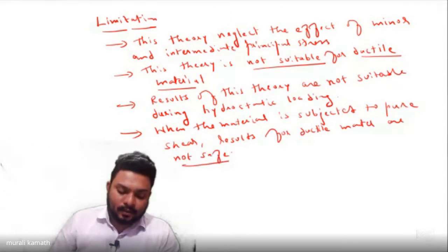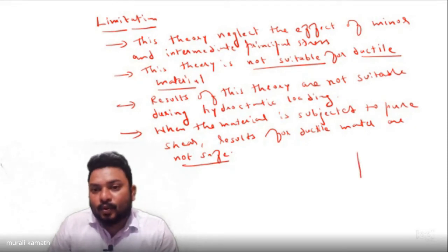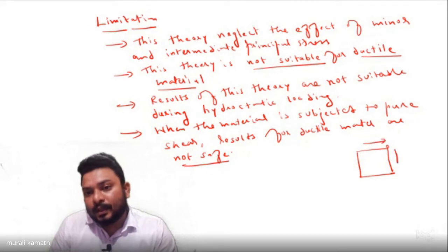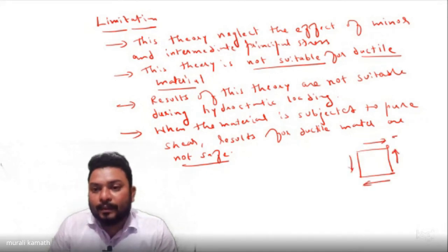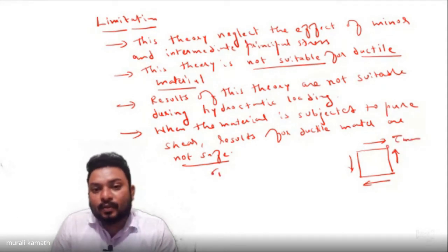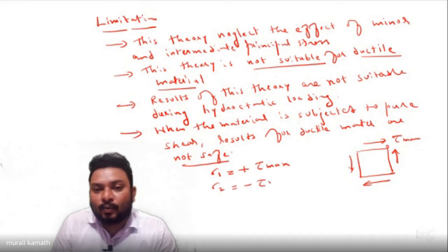So you will check how it is going to be. When it is pure shear, you know it is going to be like this. Your element will have complementary stresses on this side. So in that case, in only the shear condition, sigma 1 will be tau max and sigma 2 will be minus tau max.